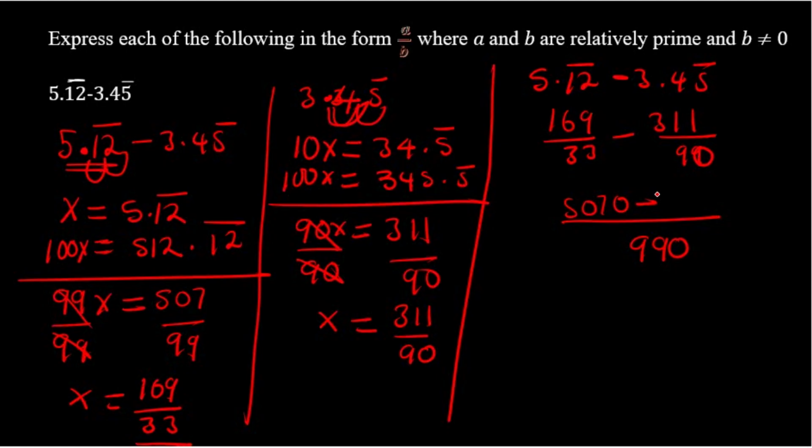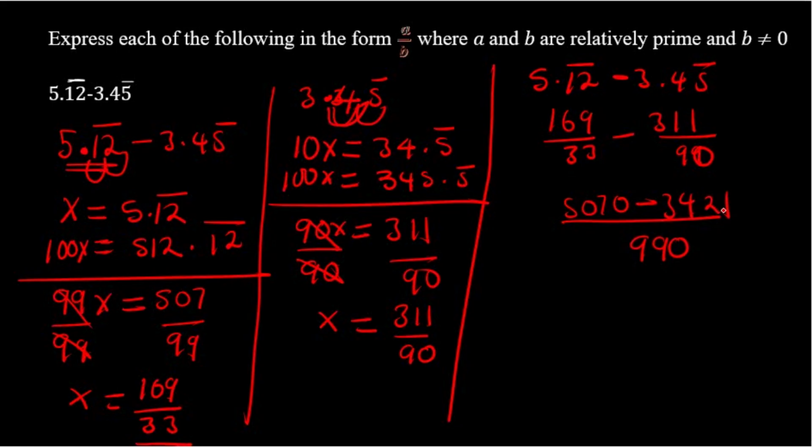Divided by 90, it is 11. 11 times 311, you have 3421.